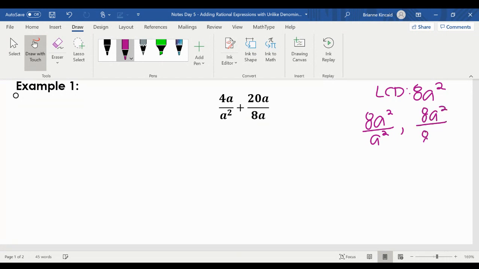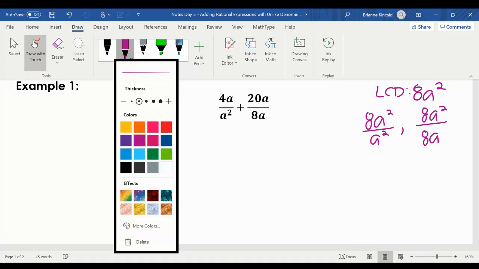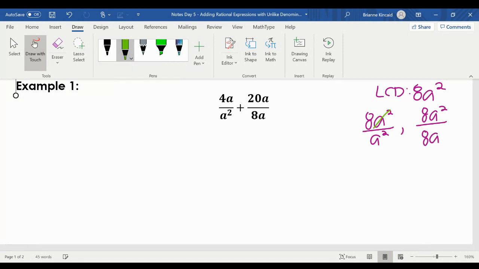The other cool thing about this is whatever you get for the result when you do this is what you need to multiply both of the fractions by. So if I look here, my a squareds are going to cancel out. You're left with a. That means the fraction on the left, both numerator and denominator, need to be multiplied by 8 to get an LCD.